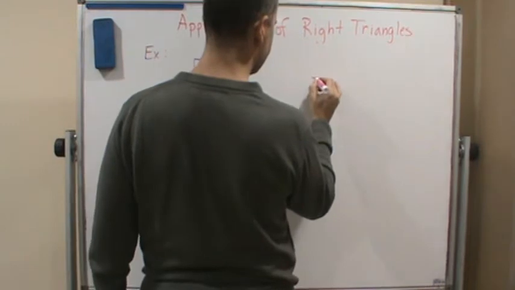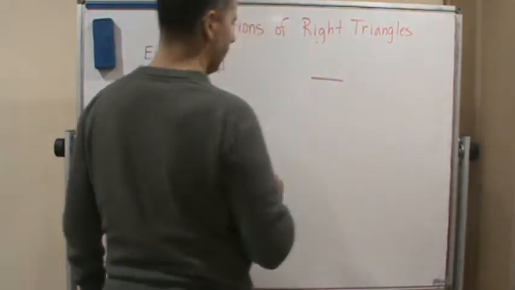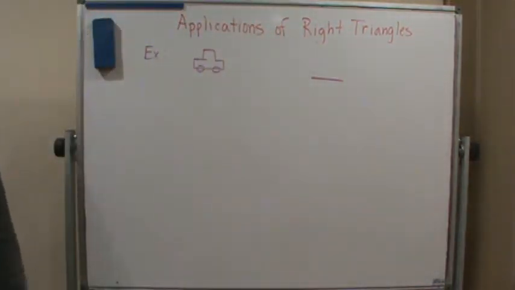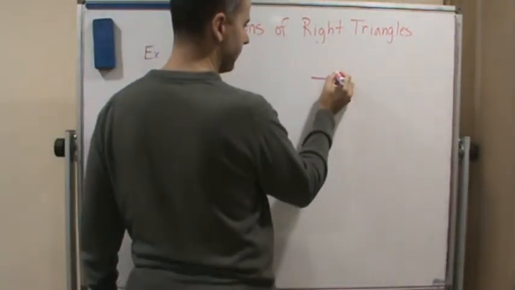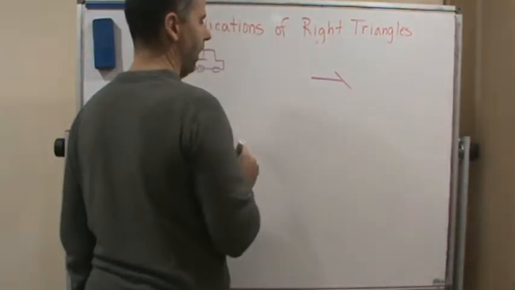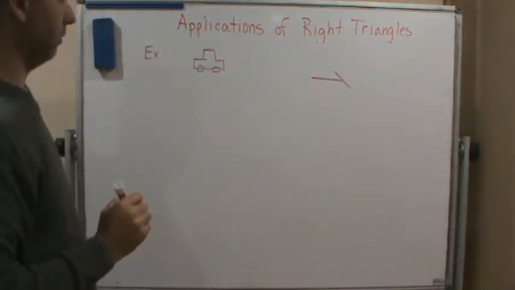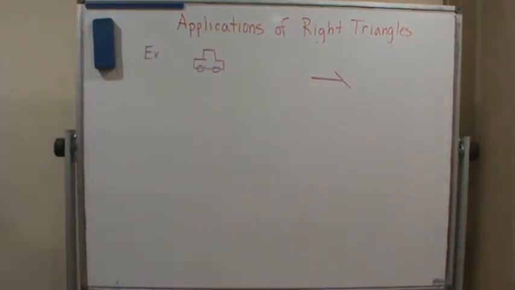Let's say the word stop is right there, and that's the T. So we've got this T on the street, and we've got the angle of our eyes.